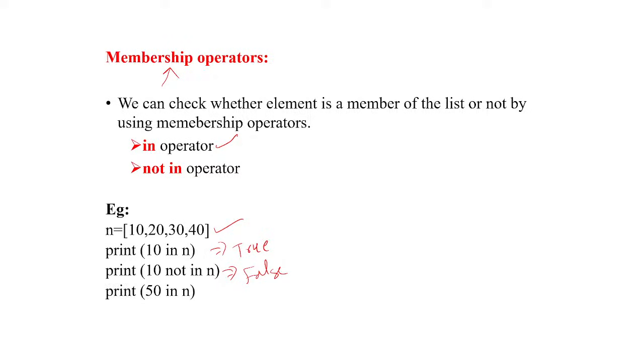Whether 50 in n, no, 50 is not present, so here we get the result as false. 50 not in n, 50 is not there in n, yes, it is not there, so you get the result as true here. So this is how the membership operators are used.